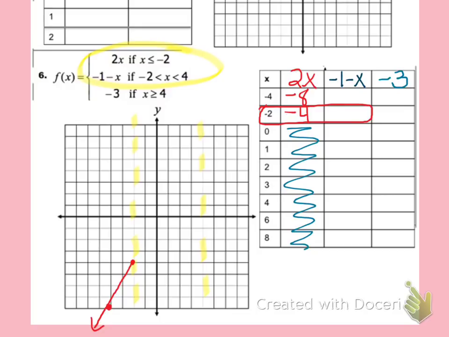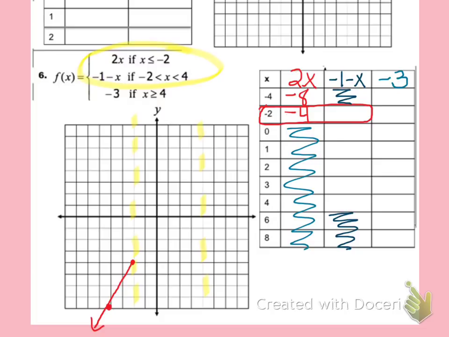Now the second piece, I know I'm not going to substitute values in that are before -2, and I'm also not going to plug in any values past 4 because it says it's only true between -2 and 4. So after 4, I'm going to go ahead and scribble that out. I'm only going to substitute in values between -2 and 4. And it is a line, so I don't really need to substitute in for every one of those.